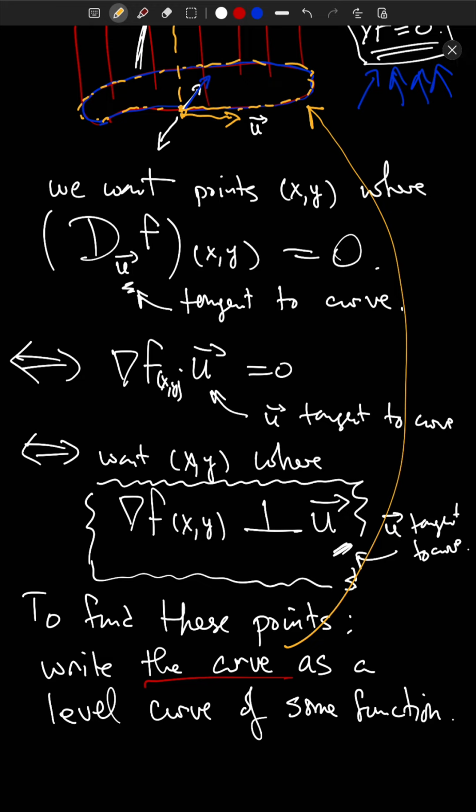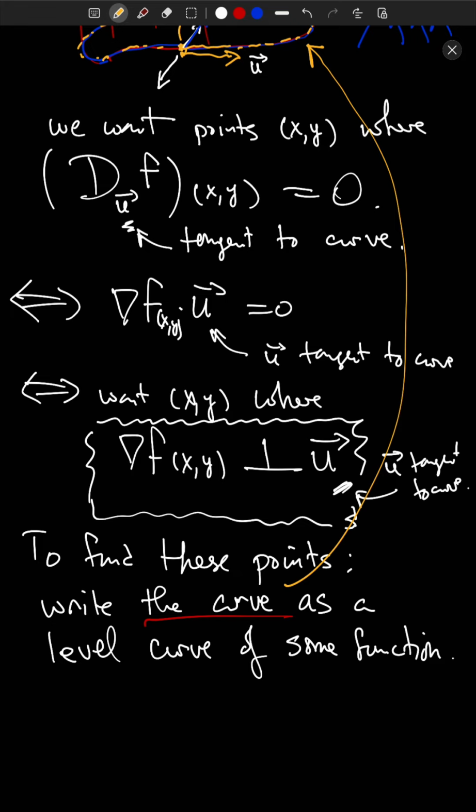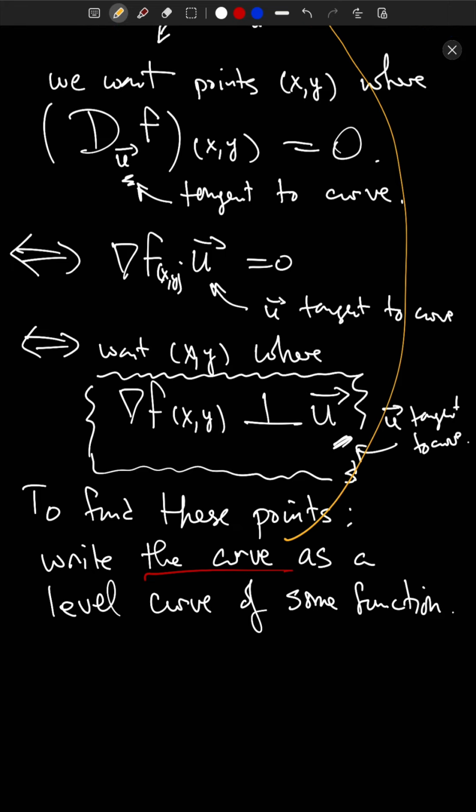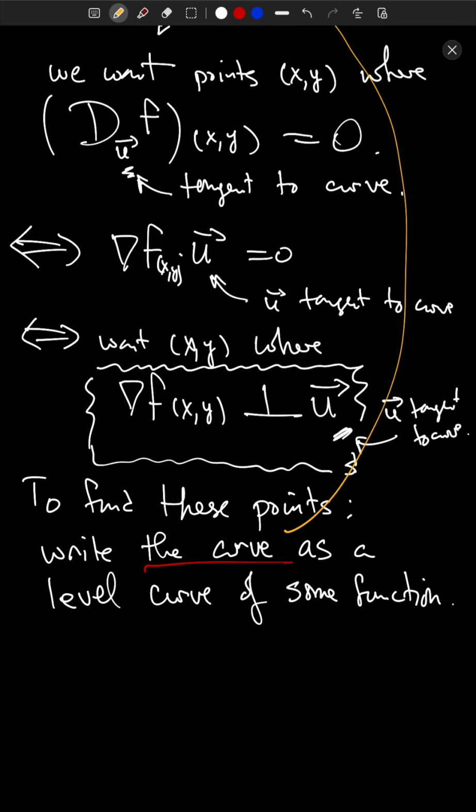We just want a function where this curve is a level curve. This curve could be the 10 level curve, the 20 level curve, or the 0 level curve. It doesn't matter as long as it's a level curve. We'll certainly do an example of this right when we finish this discussion. So, a level curve of some function.